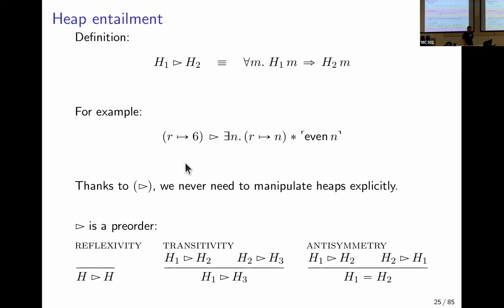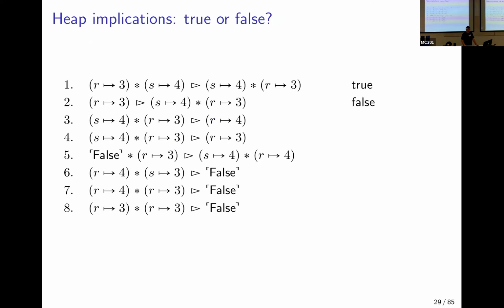You could define this as any heap that has domain R, such that the heap value at R is 6, and then it will hold. I choose to make it simpler. Because it has to have exactly that. So typically in the separation logic lectures of Hoare and Brooks, you have two symbols, one that includes everything, one that is restricted to that. You can have both. Okay, yeah, thanks.